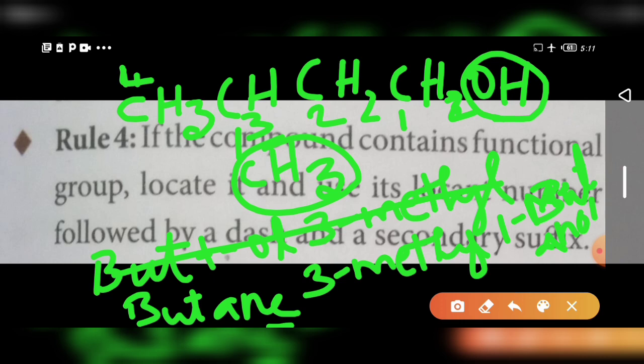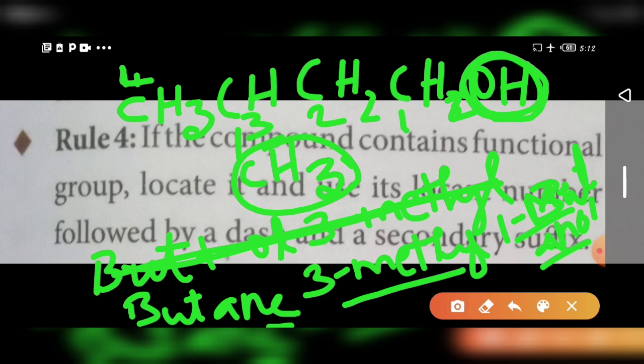So this here is not the correct form, this is the correct form. How will you write? First you have to write the prefix. So 3-methyl, the third carbon contains the methyl group. After that you write 1, because the first carbon contains the alcohol group, followed by a dash. What is the long chain?